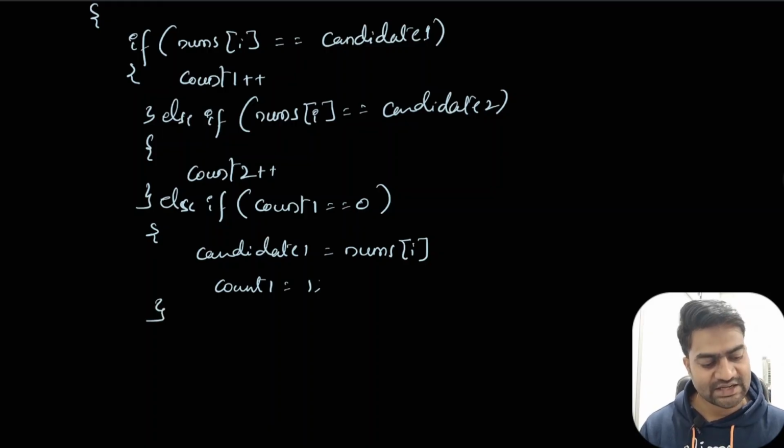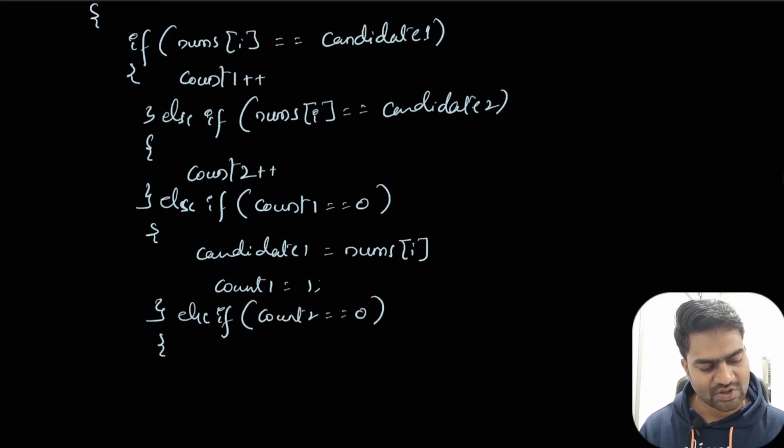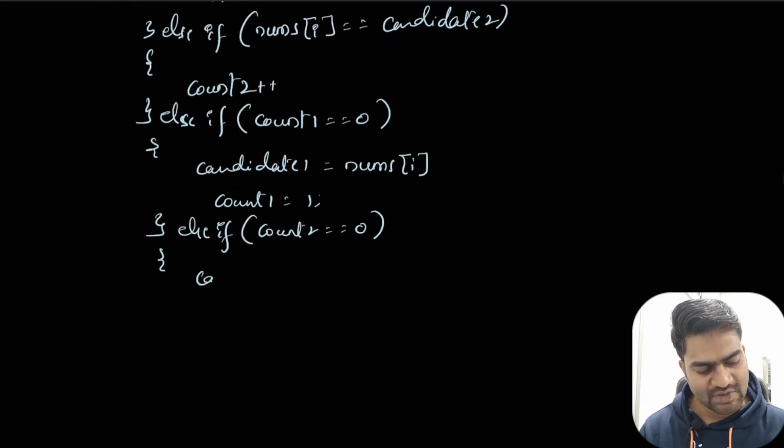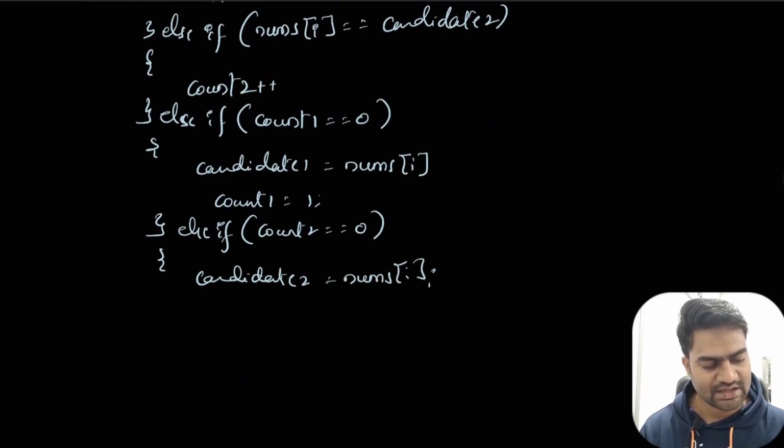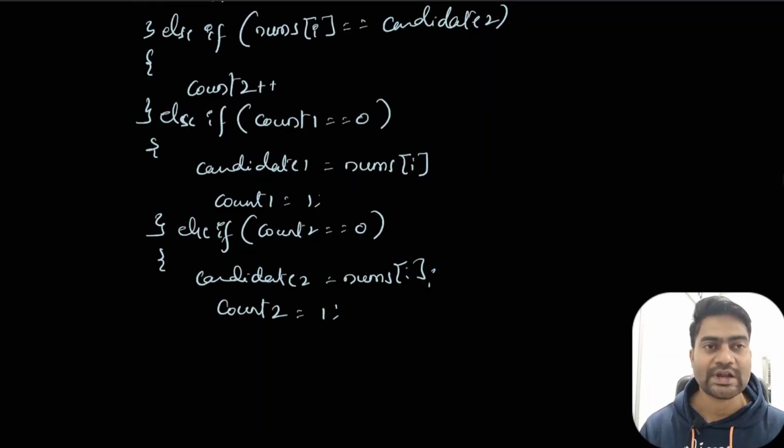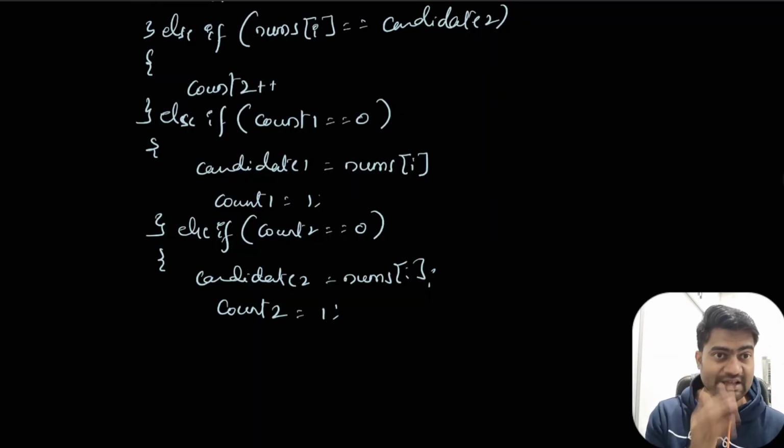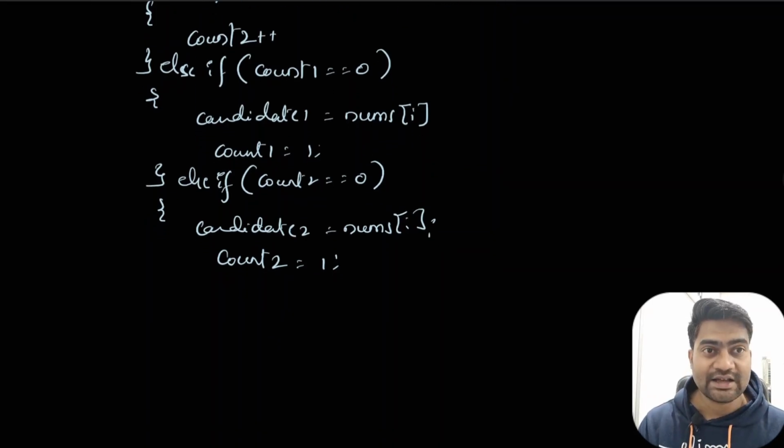Okay. If that is also not the case, I will check else if my count 2 equal to 0. Then I will say my candidate 2 equal to nums of i, and I will set its counter count 2 equal to 1. Okay, because we are getting new second leading candidate.